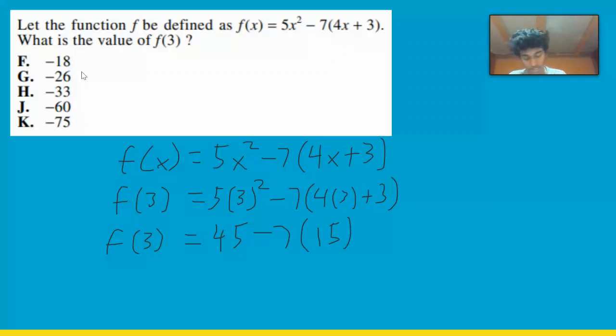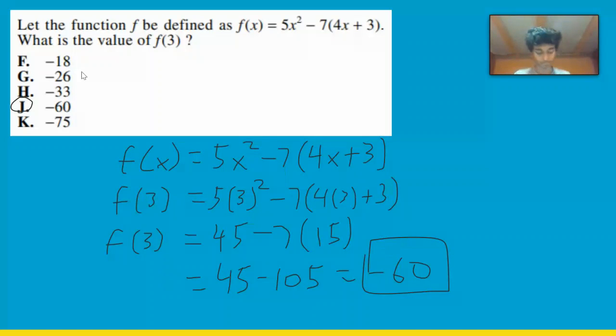Then this equals 45 minus 105. And keep in mind, if this question appears on the SAT calculator section or on the ACT, you can use a calculator. This question appeared on the ACT, so you'd be able to use a calculator for this. And this simplifies to negative 60. So f of 3 is equal to negative 60.